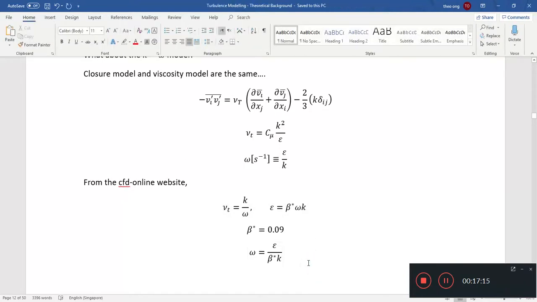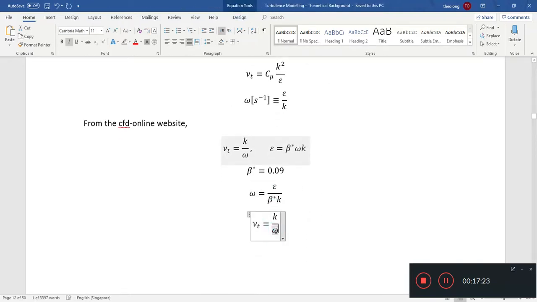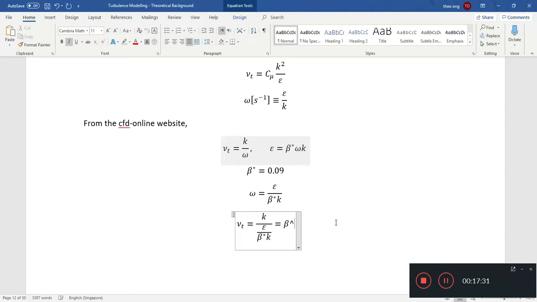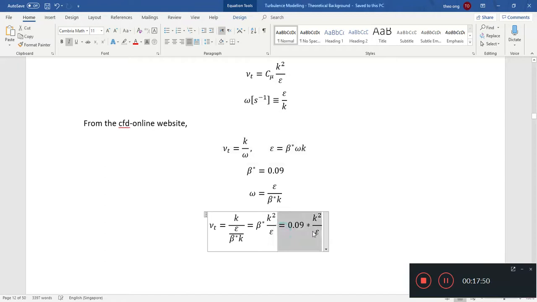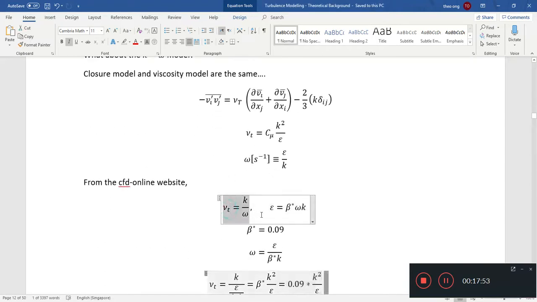So omega is that, and if we just substitute this into the model here, we will get the following. We substitute in omega, and then we get beta star k squared divided by epsilon. So this is 0.09 times k squared divided by epsilon. So you can see that the viscosity model is exactly the same in terms of numerics.